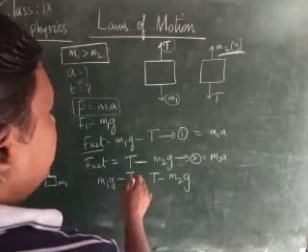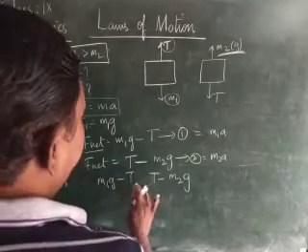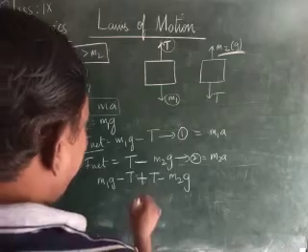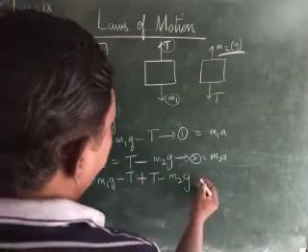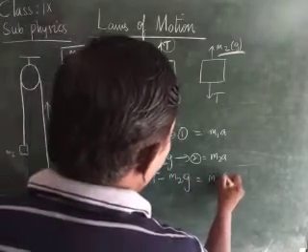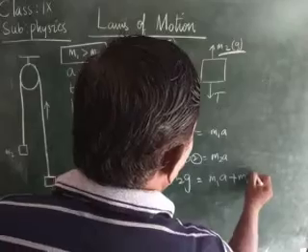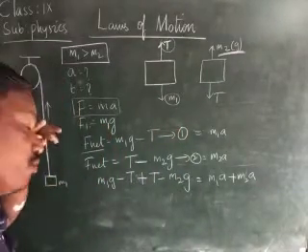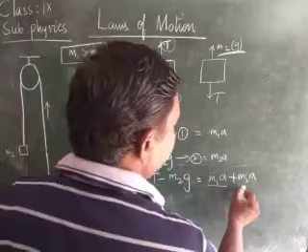Okay, m1g minus T, add them: m1g minus T plus T minus m2g is equal to m1a plus m2a. We are adding the forces of both of them, m1a and m2a.